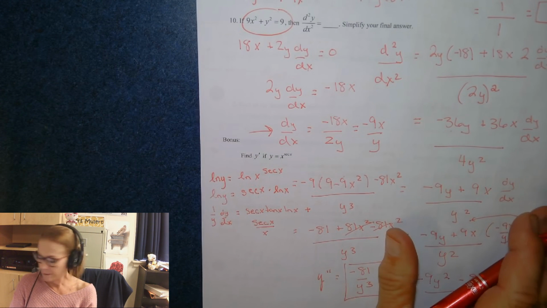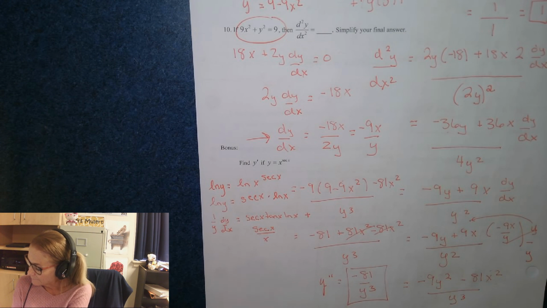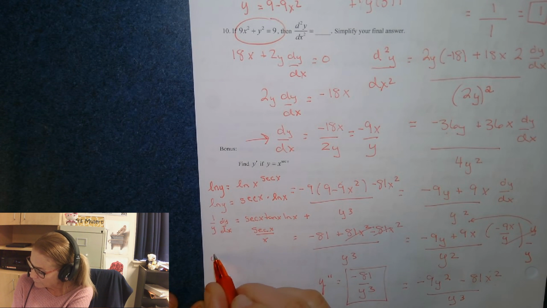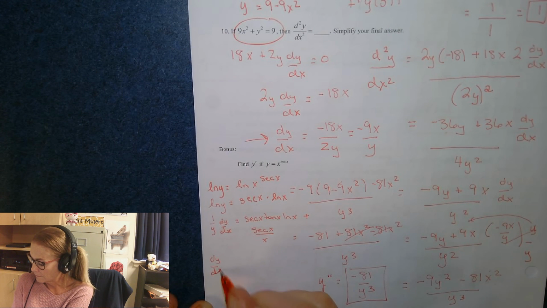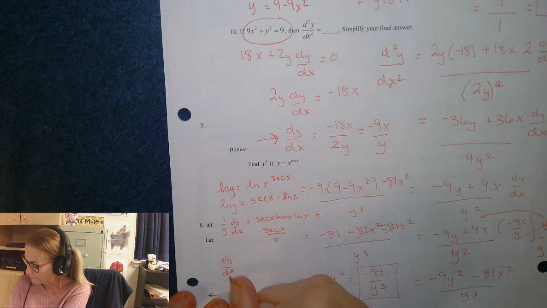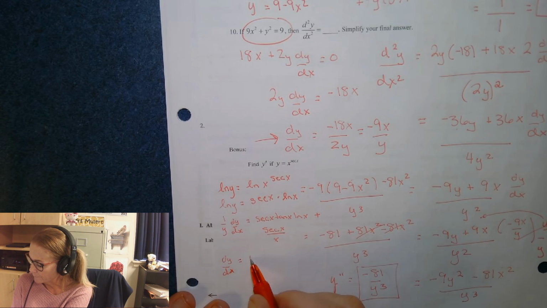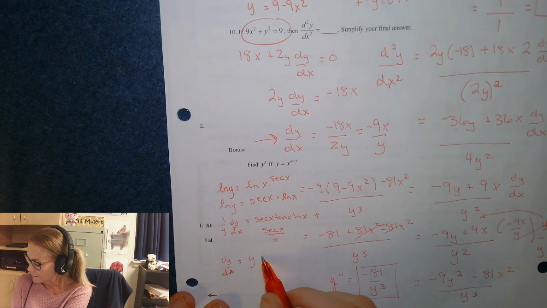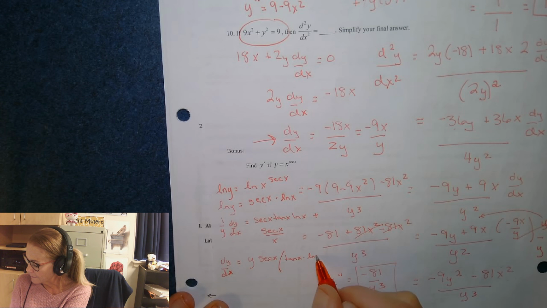Okay, so really not a lot to simplify here. Maybe let's send the y over. It'll multiply up to the other side, okay? So y will be right there. And then we could pull maybe a secant out, and we would be left with tan of x ln of x plus 1 over x.